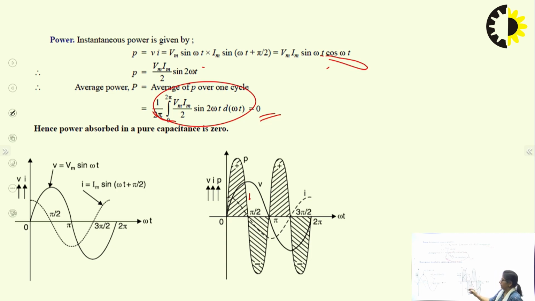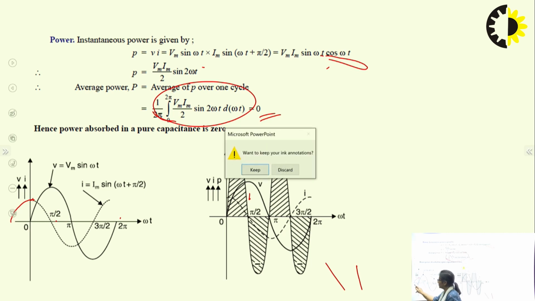The same thing can be seen in the graph as well, as we have seen in the case of purely inductive. Here, this is the reference, the voltage starting with 0 and ending with 2 pi. The current is leading the voltage by 90 degrees. That means it must have started somewhere here, and this angle is supposed to be pi by 2.